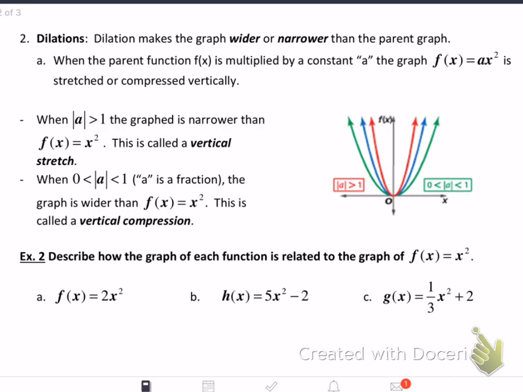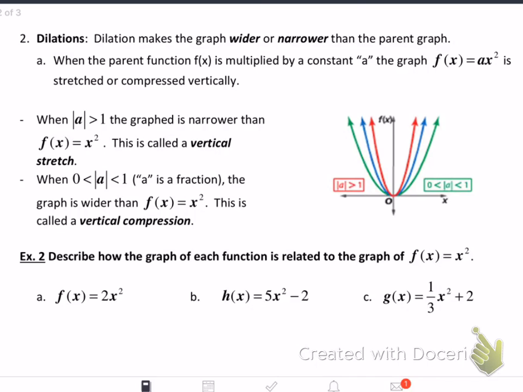A dilation is a different kind of transformation. This is when the graph either gets wider or more narrow from the parent graph. That depends on the number in front of your quadratic, the number in front of the x squared. If that number is a large number, bigger than 1, then what we call that is a vertical stretch.